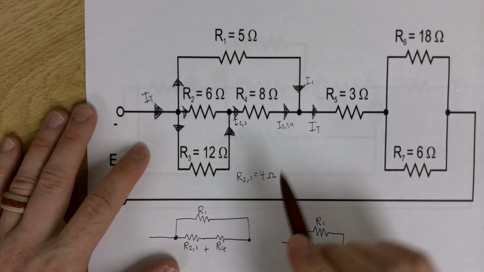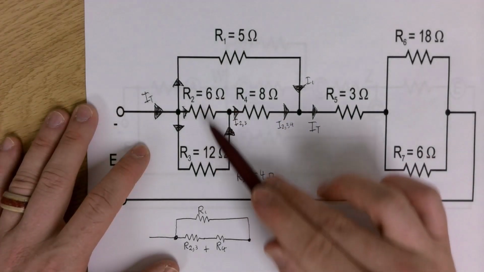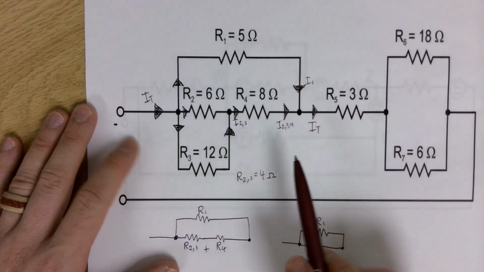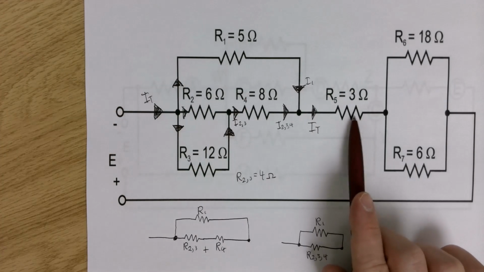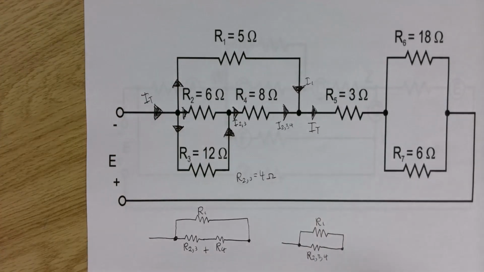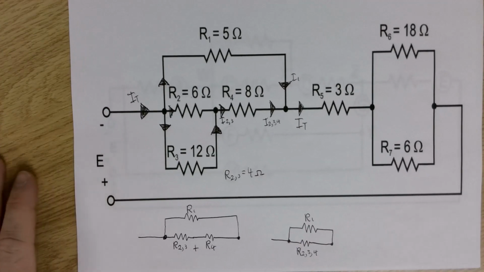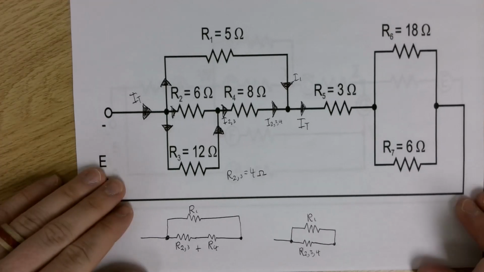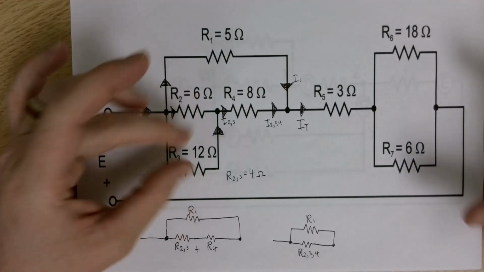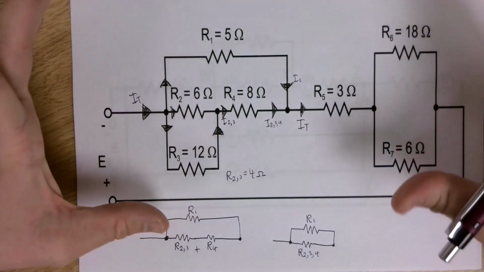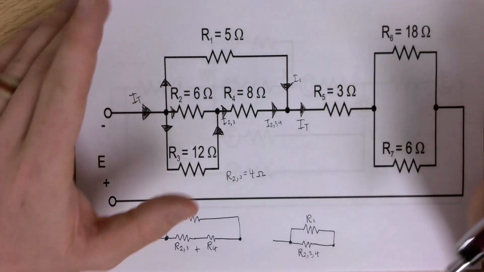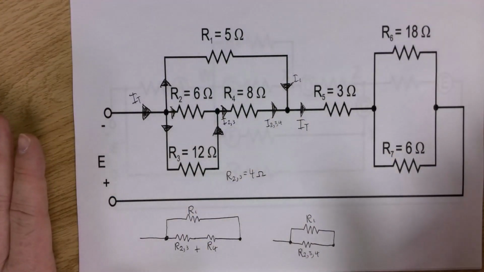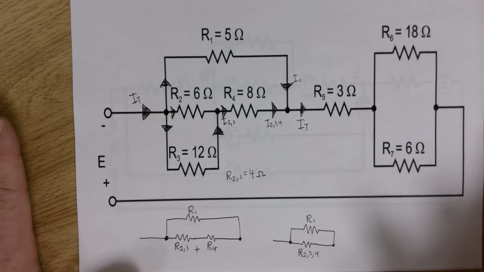And then I would have R1, 2, 3, 4 as one big resistor in series with R5. And that's going to be how we start to deal with resistance in a series parallel circuit. We're just going to do parallel calculations, simplify it down to a series circuit, and then if we want our R total, we know we just add up all the resistances in a series circuit.